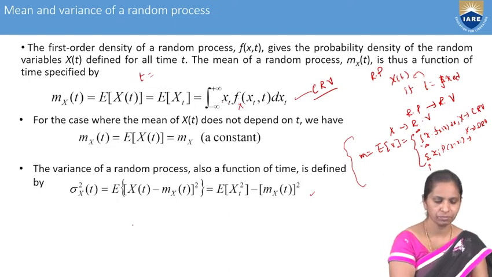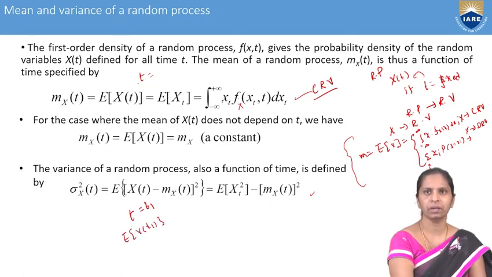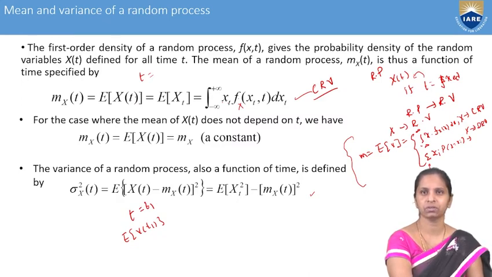So I'll write it down here. Now write down, if I fix t equals t1, then what is the mean of the random process? In place of t, here it is any specific value. It may take t1, t2 and so on. It may take up to n values also. So if I fix the time, the random process at t equals t1, then x of t is nothing but x of t1.